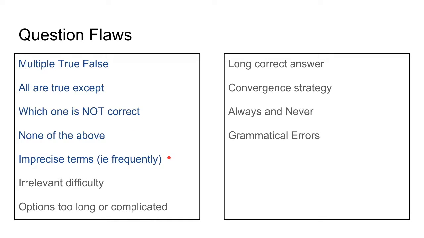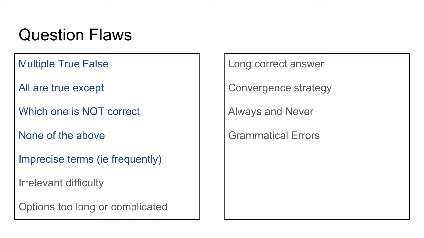Next, we'll talk about imprecise terms. In your answer choices, you never want to say, for example, CHF has one of these findings: frequently lower extremity edema, or rarely lower extremity edema, or sometimes.